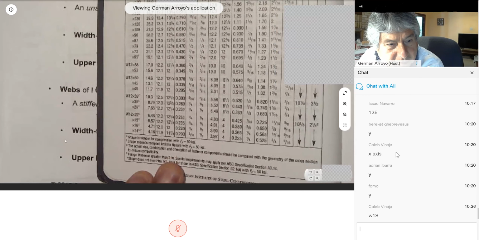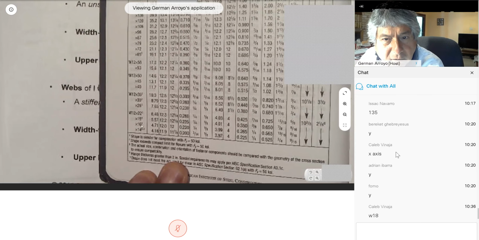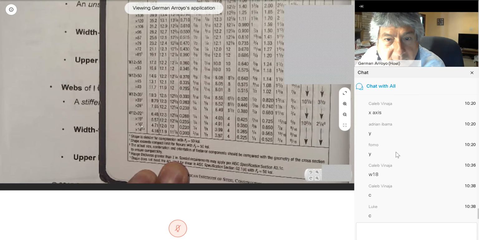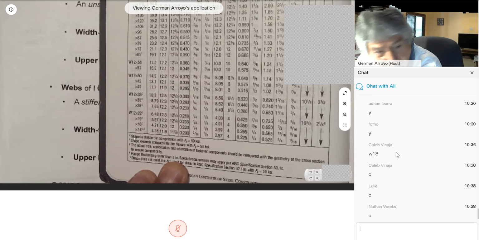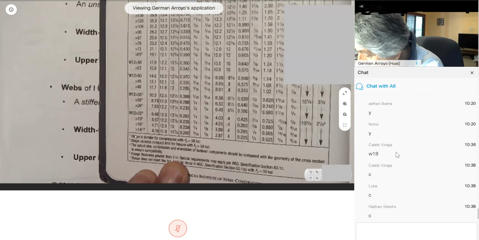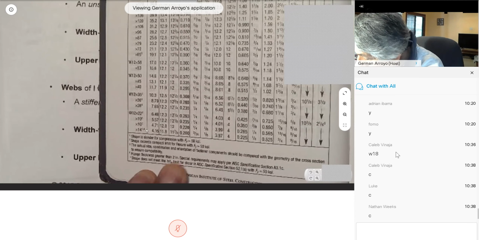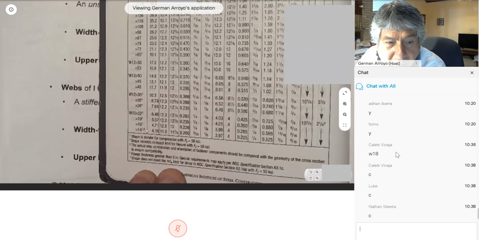W12 by 16, this section. What letter do you see in there? See, and in the bottom, we say that this is a slender. That means local buckling. And the one on the bottom, it has a c and a little v. So that also has a problem for compression and also a problem whenever you have a shear stress.